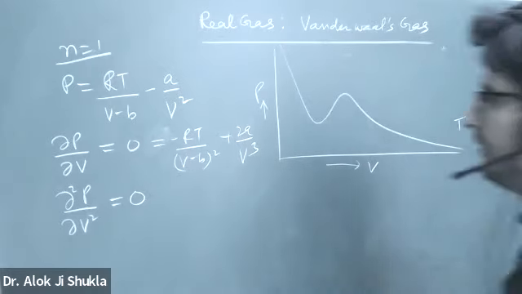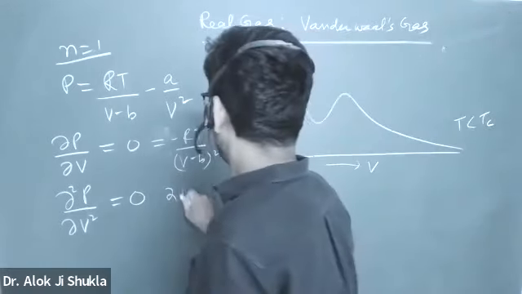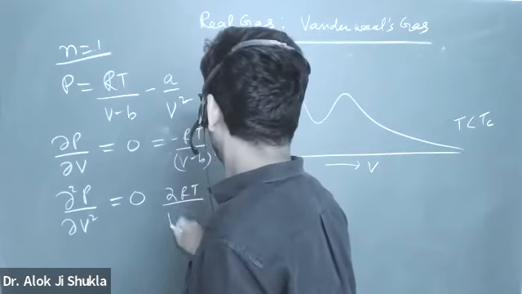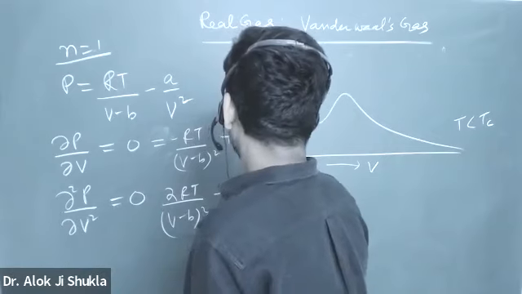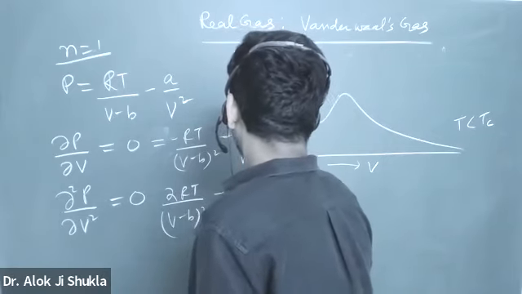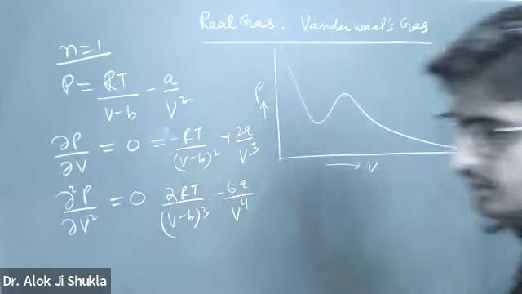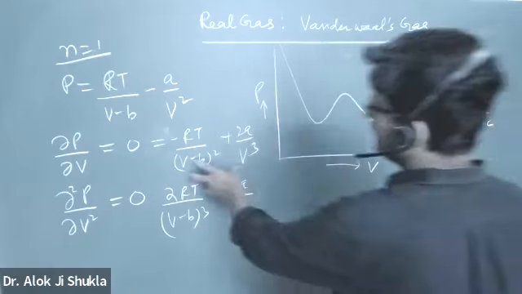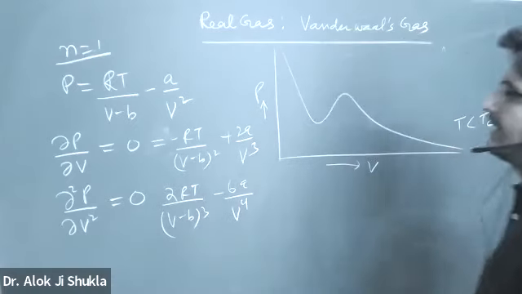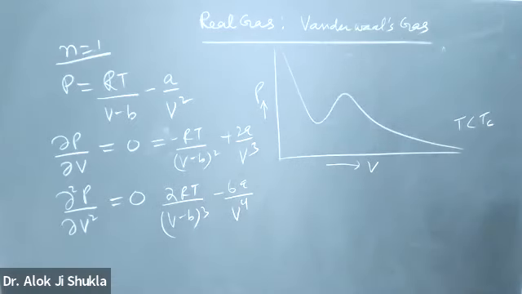And the second derivative will give 2RT by (V minus b) whole cube and minus 6a by V to the power 4. So put them equal to 0 and get the values of critical constants.